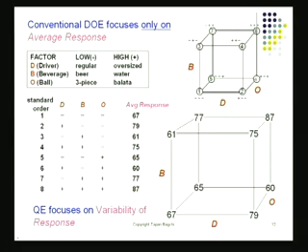So 61 might be the average, but the individual scores might have been 57, and then 65, then maybe 58, 62, and so on. So I have multiple responses, and the variability of that is also my concern when I'm looking at this as a quality engineering problem.